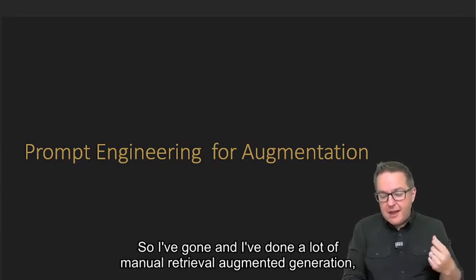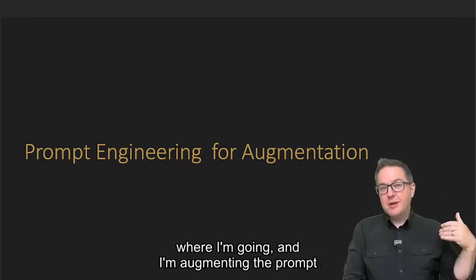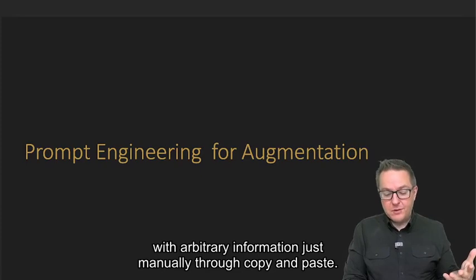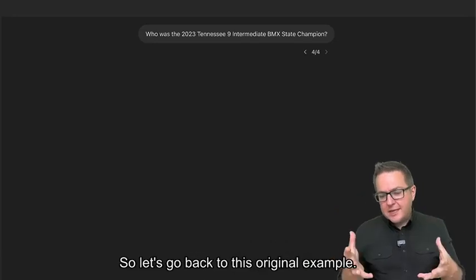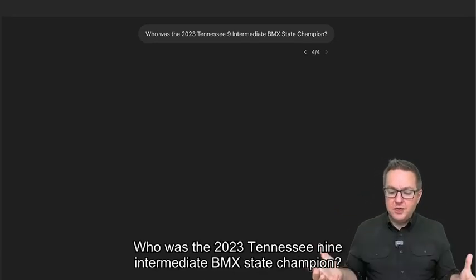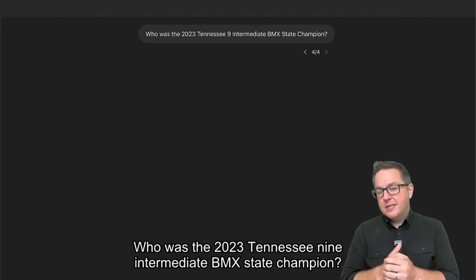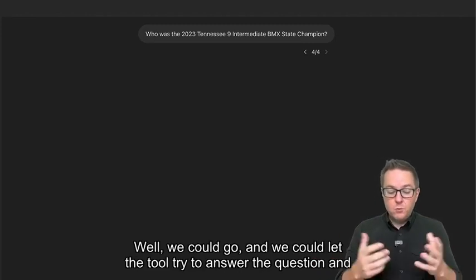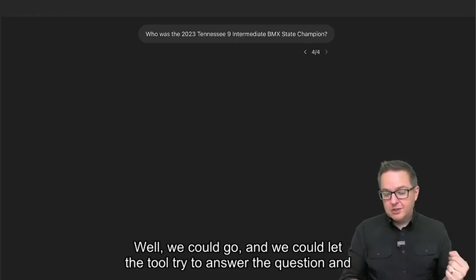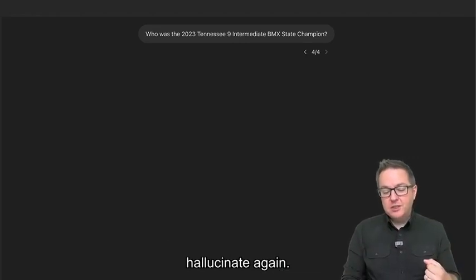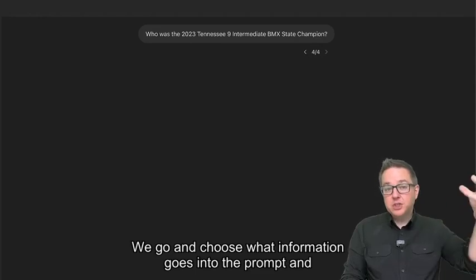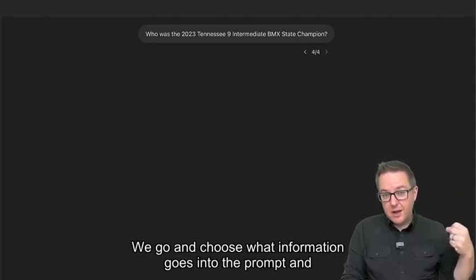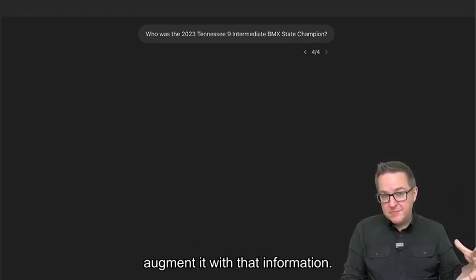I've done a lot of manual retrieval augmented generation, where I augment the prompt with arbitrary information manually through copy and paste. So let's go back to this original example: Who was the 2023 Tennessee 9 Intermediate BMX State Champion? Well, we could let the tool try to answer the question and hallucinate again, but let's see what happens when we control the retrieval. We choose what information goes into the prompt and augment it with that information.